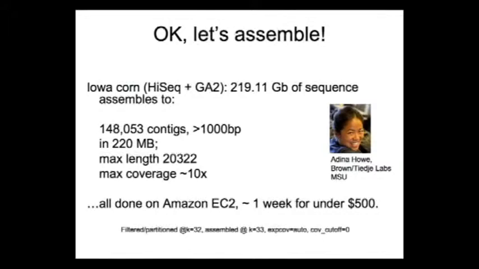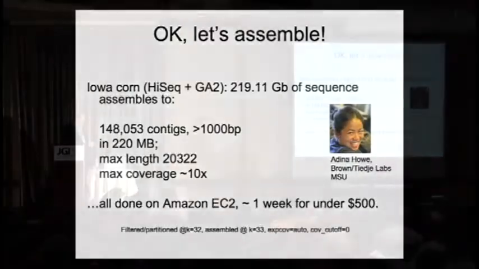Okay, so with that in place, then what can we assemble? So if we take the Iowa corn data, HiSeq plus the GA2 reads, a 219 gigabase of sequence, and we assemble that, then we can get 148,000 contigs.